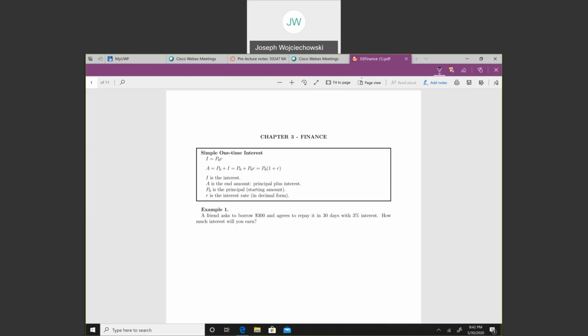A friend asks to borrow $300 and agrees to repay it in 30 days with 3% interest. How much interest will you earn? So interest equals principal times rate.